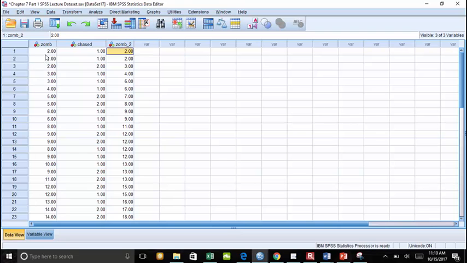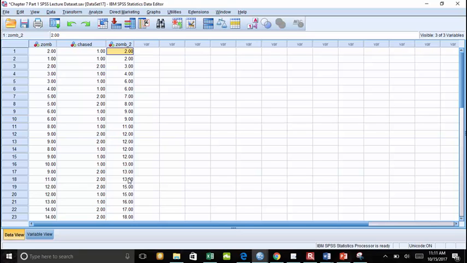Person 2, the first time they took it, they scored a 1. They felt very little sympathy towards zombies. After the sensitivity training, their score went up to a 2. 2 minus 1, that's a 1. So their difference score would be a 1. Their score went up 1 point after the zombie sensitivity training.